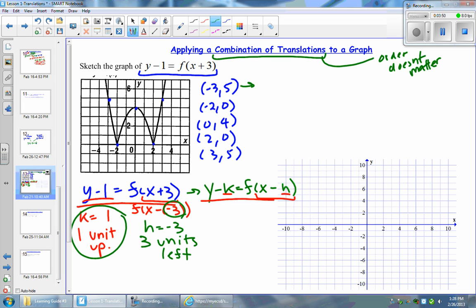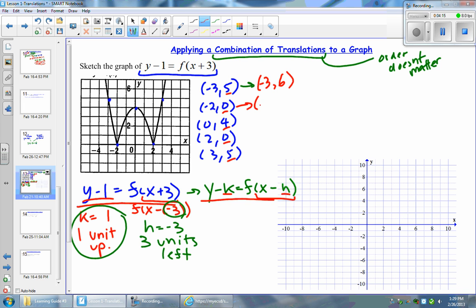Since we're moving up 1 unit, that means each of my y coordinates is going to increase by 1. So when you perform a vertical translation, you're only transforming the y coordinates. The y coordinates change, the x coordinates stay the same. So since we're increasing each of our y coordinates by 1, the first point becomes negative 3, 5 plus 1 gives me 6.